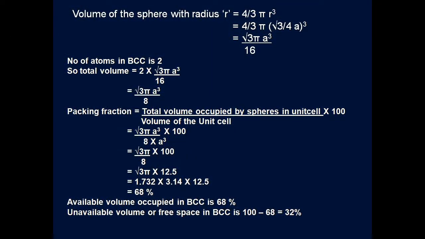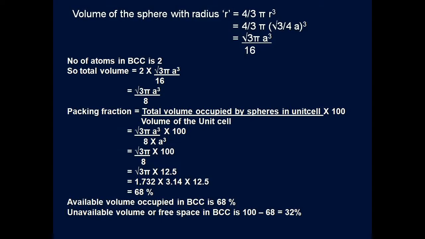Now the volume of a sphere is equal to 4 by 3 pi r cube. For BCC we get the r value equal to square root 3 by 4 a. Substitute this value in this equation, we get the volume of sphere is equal to square root 3 by 16 pi a cube. But in the body center, the total number of atoms is equal to 2.